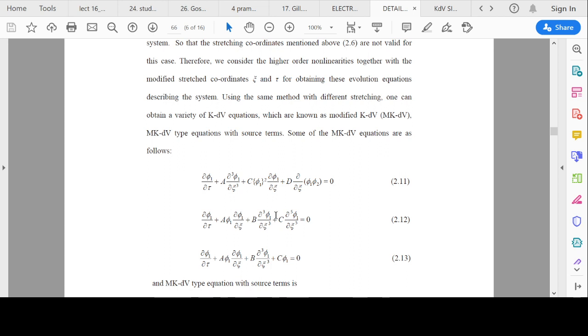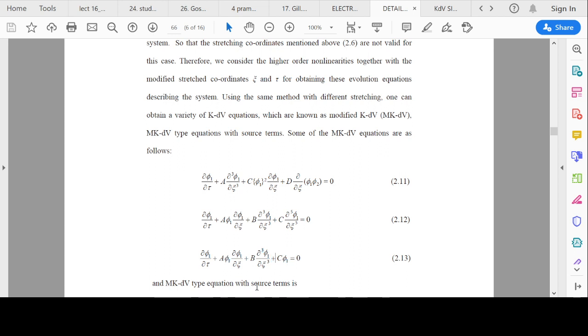Till here it is our known part. This one, if we eliminate this term, is our known KdV. This is the addition of a higher order term, so it is a modified KdV. Here also these two terms are from the known KdV, these two terms are additional terms. Here it is our known KdV, but this C phi 1 term is the additional term because we have considered the higher order terms. So we get a modified KdV.